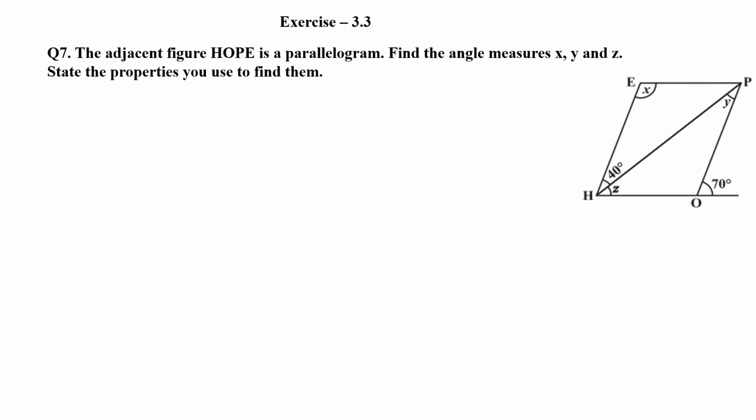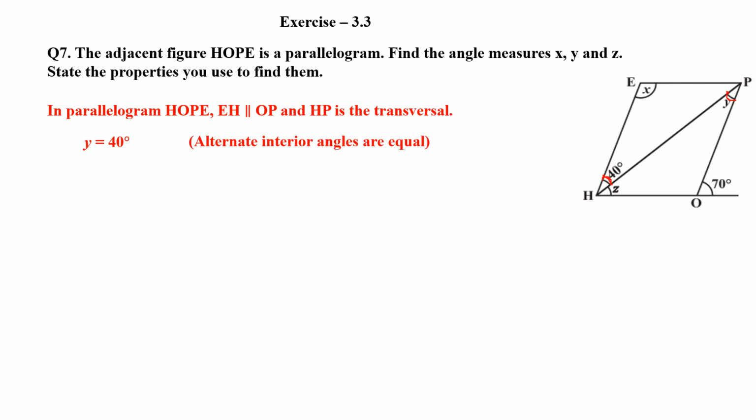If you see this y and 40 degree, they will form alternate interior angles because I am taking EH and PO as my parallel lines. So in that case, the value of y will be equal to 40 degree, and the reason will be alternate interior angles are equal, right? So I got my value of y is 40 degree.